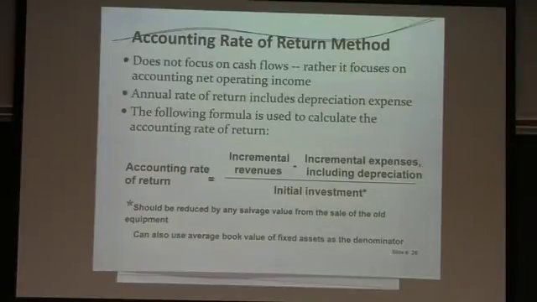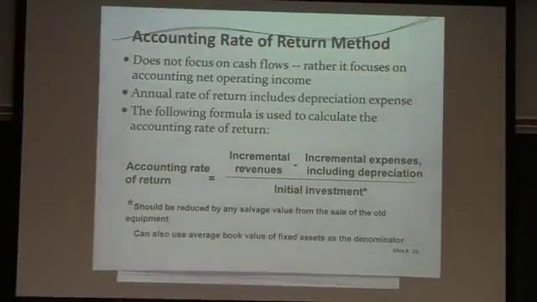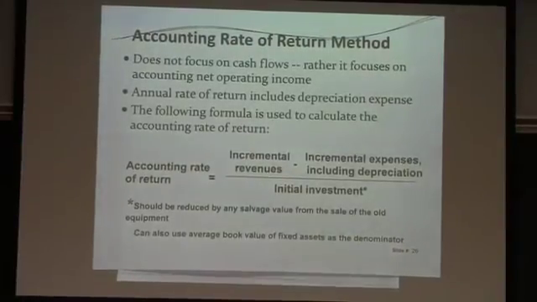So we take the incremental revenue minus incremental expenses minus depreciation. Essentially, we're looking at the incremental profit of this investment, and that would include the depreciation. And we're going to divide it by the initial investment. The initial investment should always be reduced by any salvage value from the sale of the old equipment. And you can also use the average book value of fixed assets as the denominator.